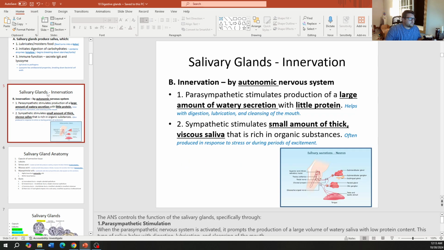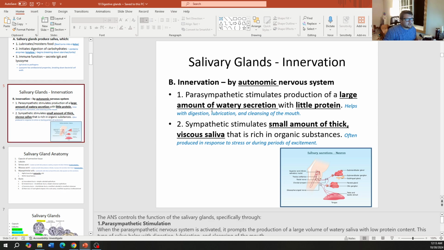When we talk about innervation, there are two. It's innervated by the autonomic nervous system, which we know has two different branches: the parasympathetic and the sympathetic nervous system. Parasympathetic is our rest and digest. Sympathetic is obviously our fight or flight.